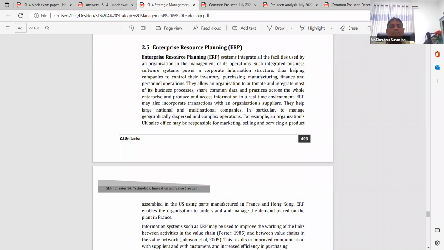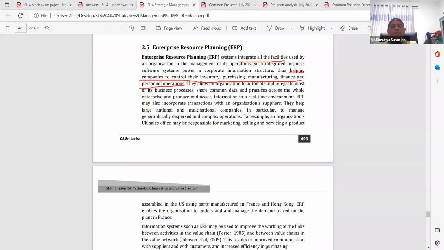There are a few things mentioned. See, integrate all the facilities in the organization, connect all the departments together through the ERP. Then helping customers to control their inventory, purchasing, manufacturing, finance, and personnel operations.